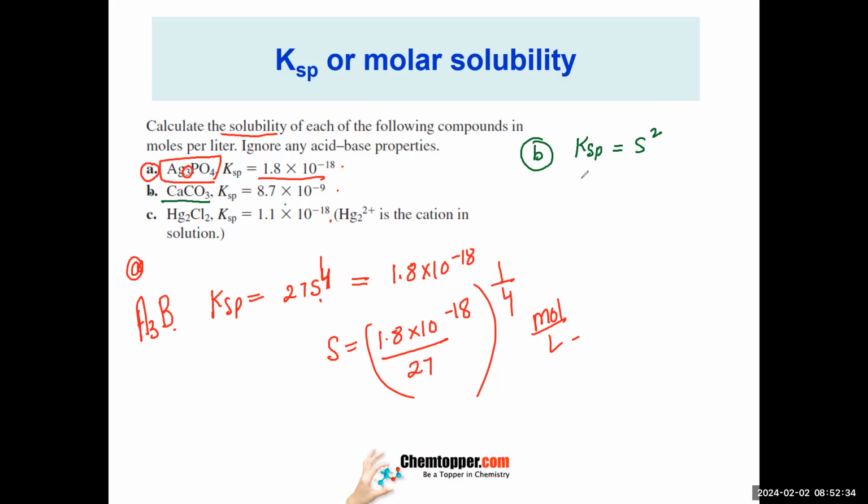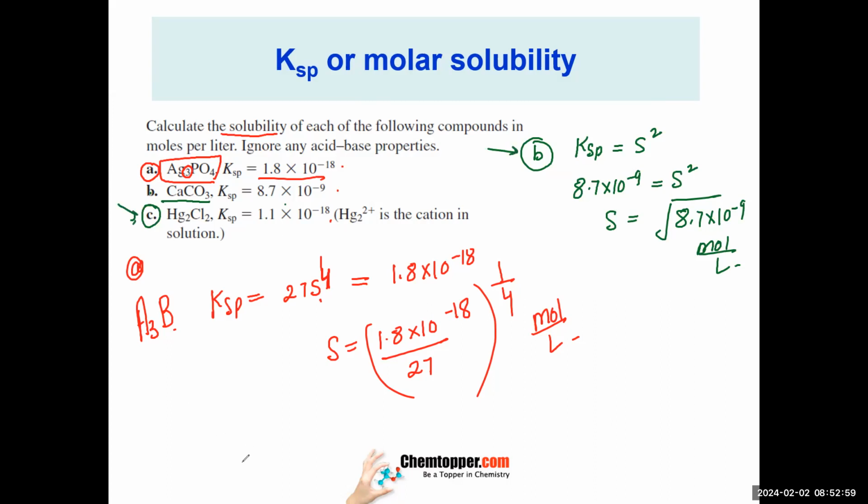No units for Ksp. It is S squared. So what is S? It is the square root of 8.7 times 10 raised to power minus 9. And now it has units because it's solubility, moles per liter. B part, we have done.